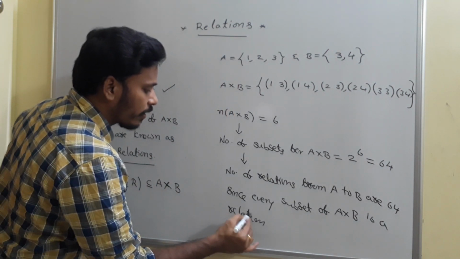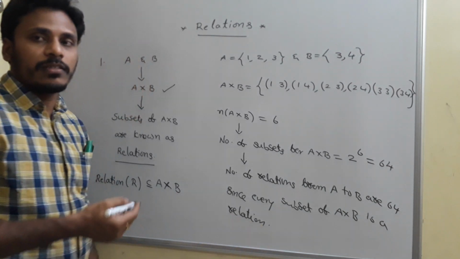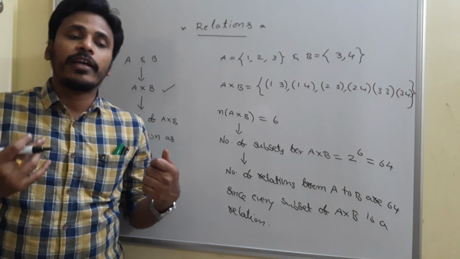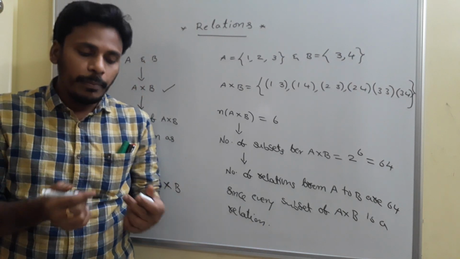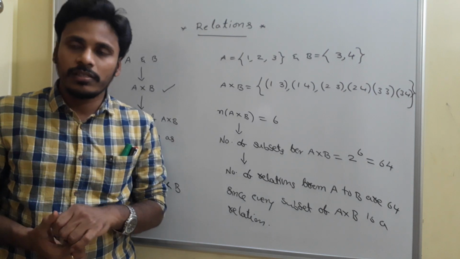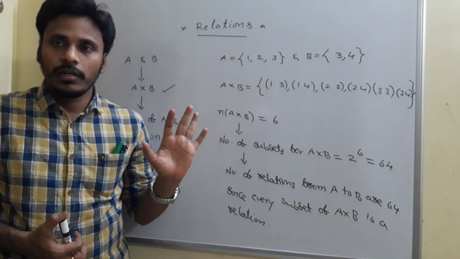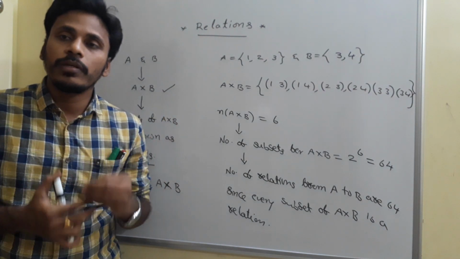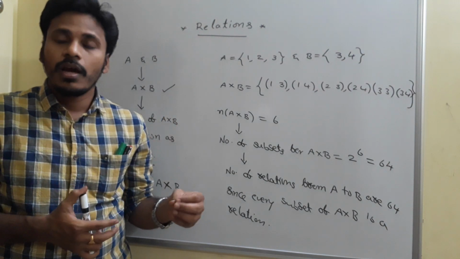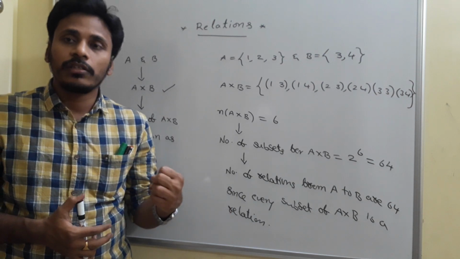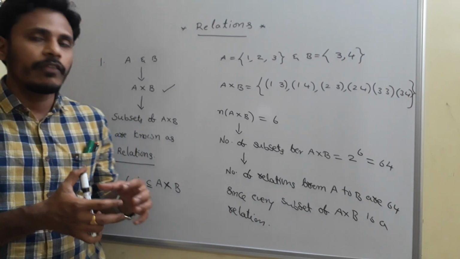At the end, the basic definition of a relation is very simple, but we need to analyze it in a usual practical way. The basic definition of a relation is nothing but a subset of A cross B. Is it clear? A subset of A cross B is simply called a relation, and to analyze that relation we use different techniques.